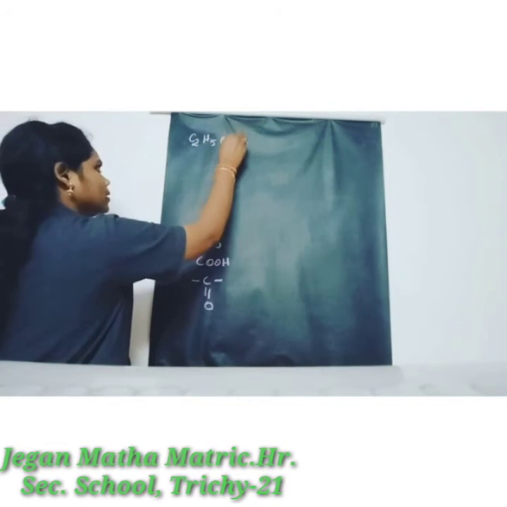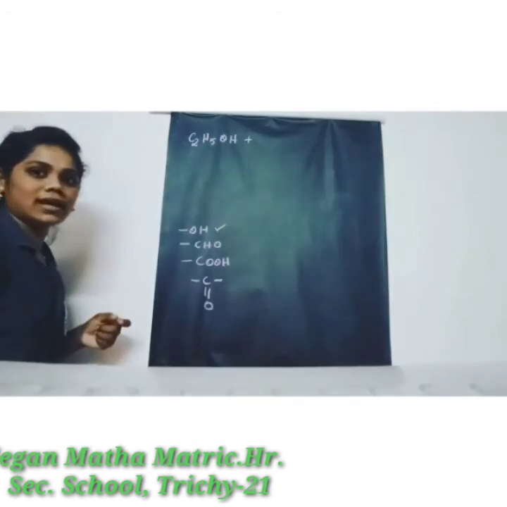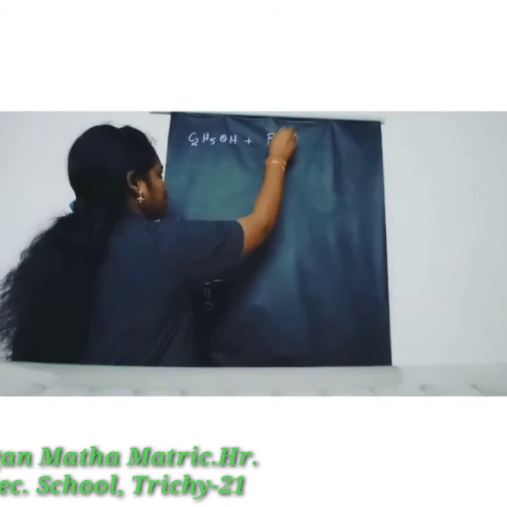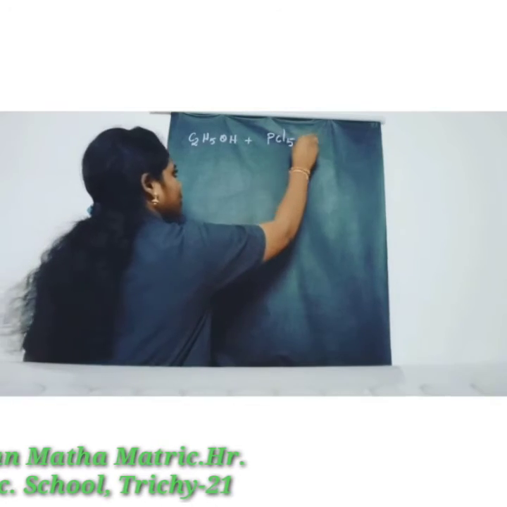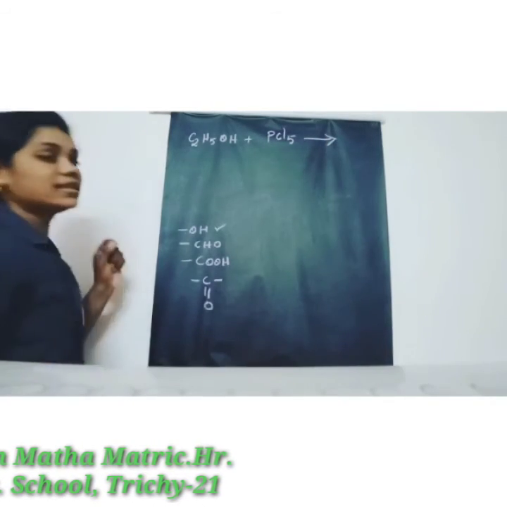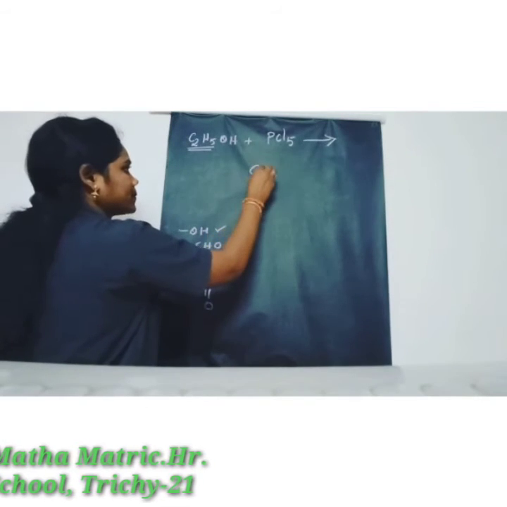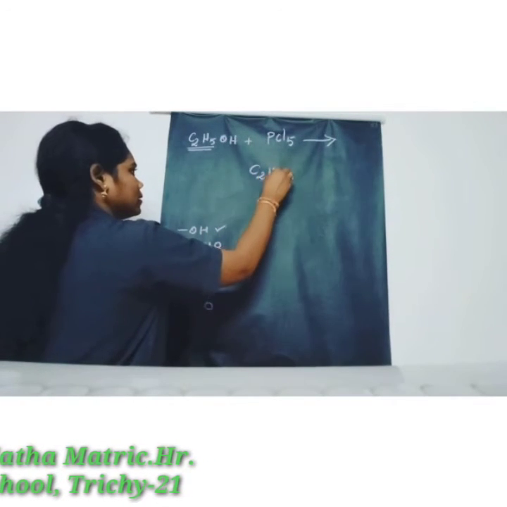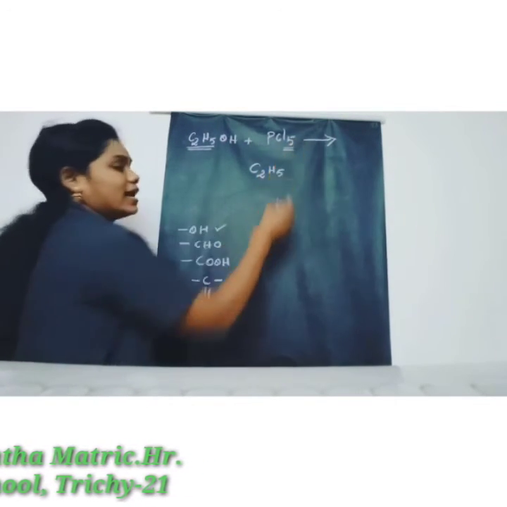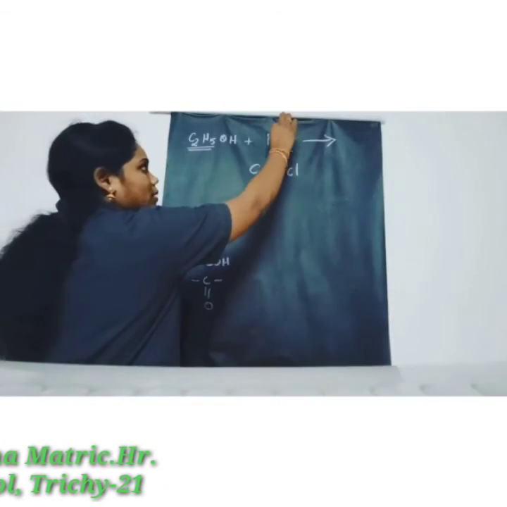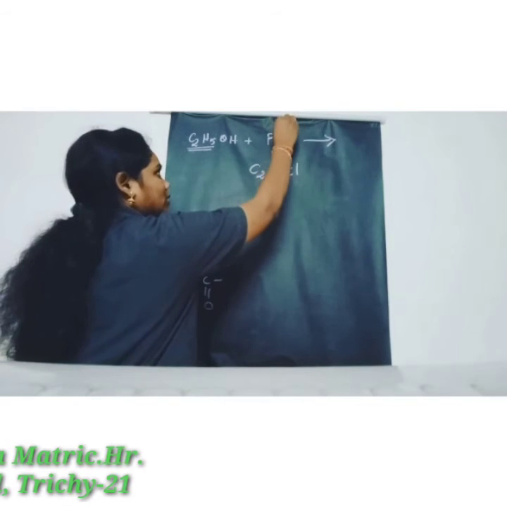C2H5OH is reacted with phosphorus pentachloride, PCl5. It gives ethyl chloride. So ethyl C2H5. From Cl5 I take only one chlorine, so ethyl chloride. So remaining chlorine is 4 times.